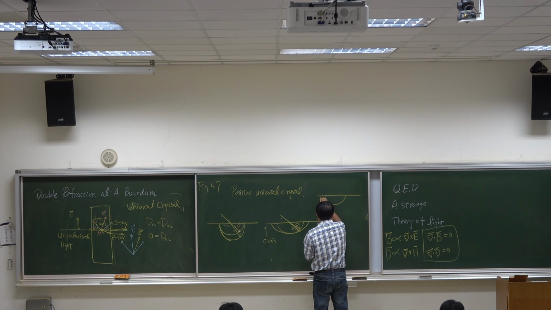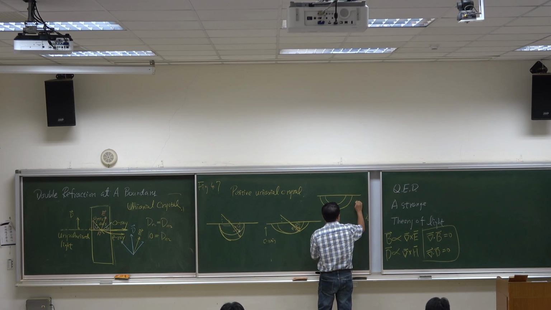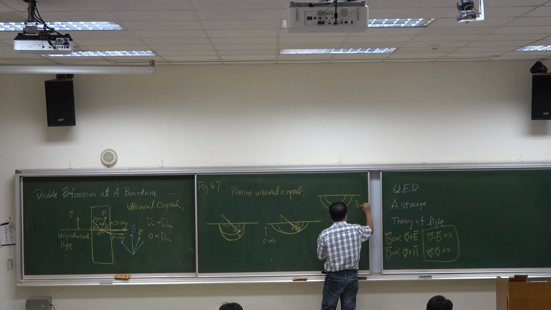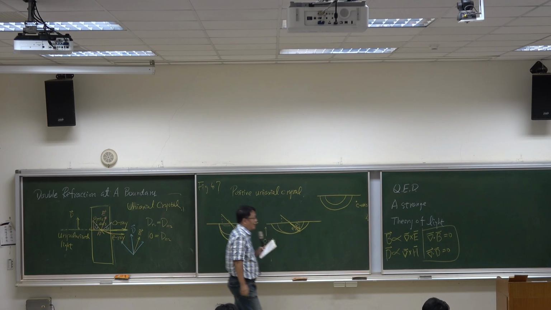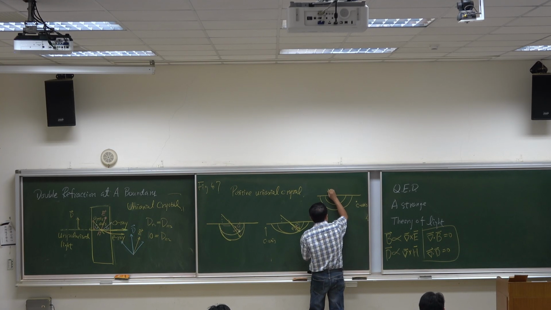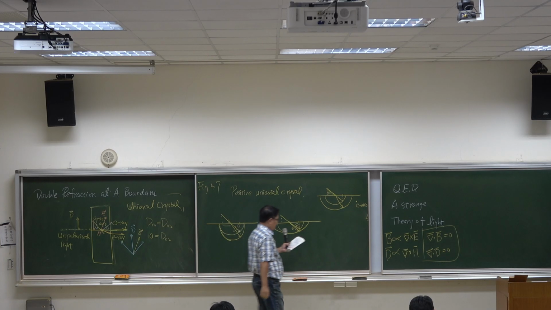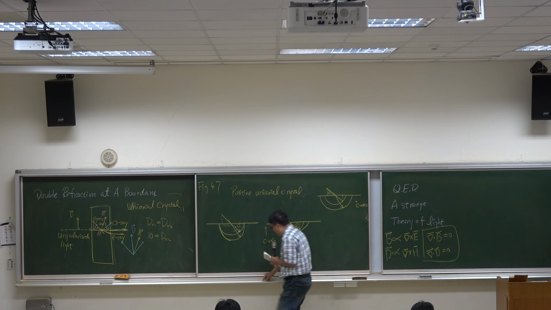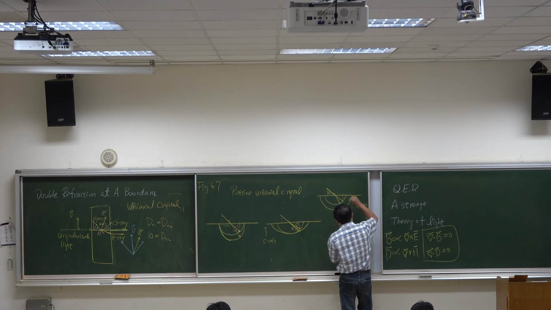Okay, and finally, we have this possibility. Here we have the z-axis pointing outside of this backbone, and for O ray, we must have the E vector perpendicular to the optic axis.